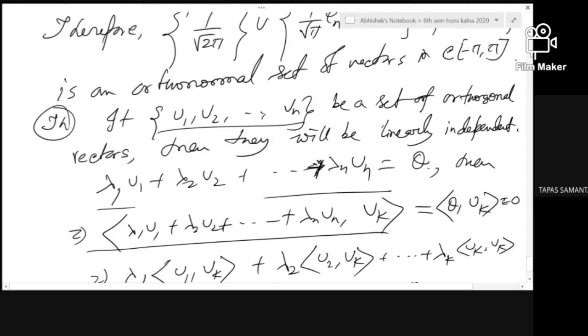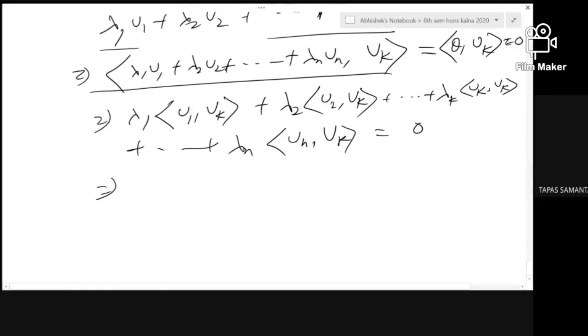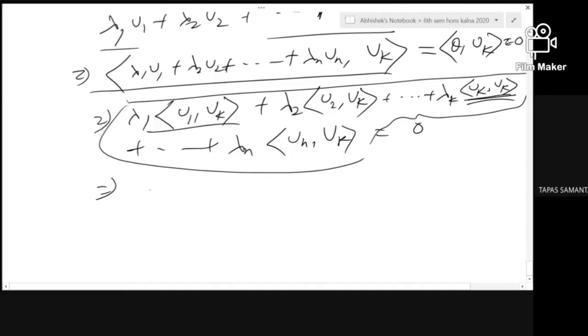Since we have assumed that this is an orthogonal set of vectors, they are orthogonal to each other, so their inner products are 0 except this one. This expression leaves only the term λk⟨vk, vk⟩, which is 0.